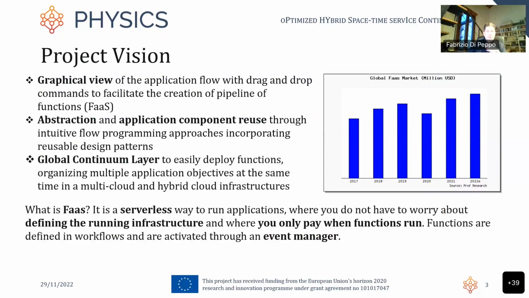PHYSICS also offers abstractions and application component reuse through an intuitive flow programming approach, incorporating typical cloud and FaaS design pattern structures. PHYSICS also offers a global continuum layer where the deployment of functions is fully optimized, organizing multiple application objectives at the same time, on multi-cloud and hybrid cloud infrastructures.